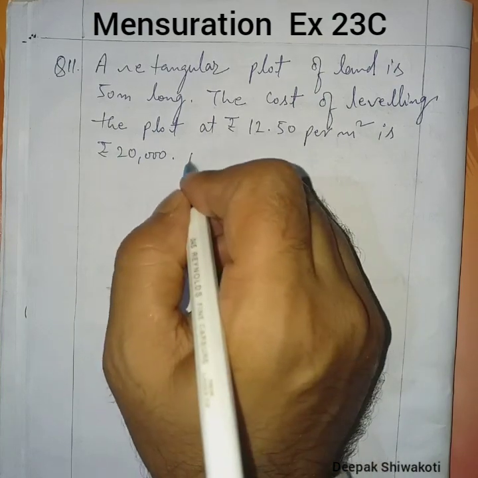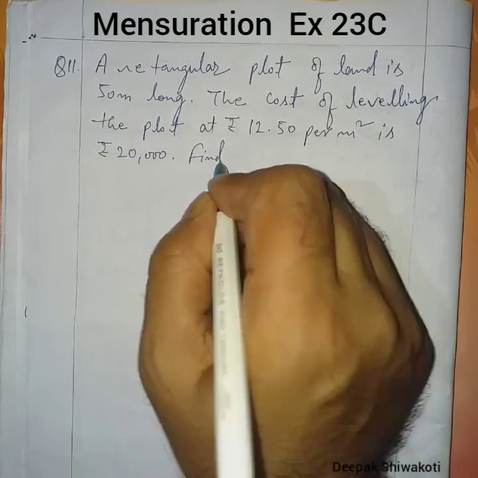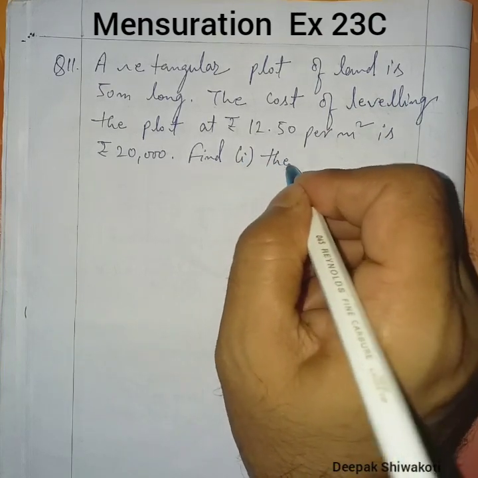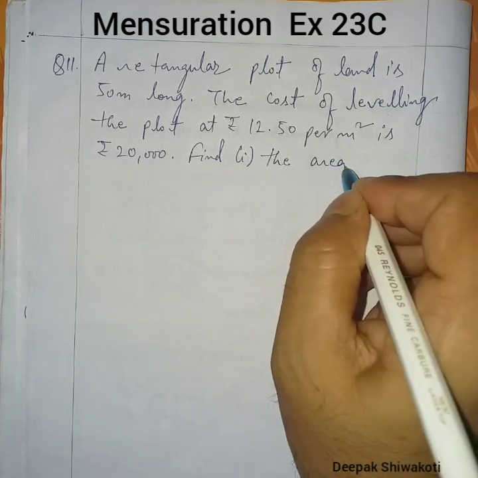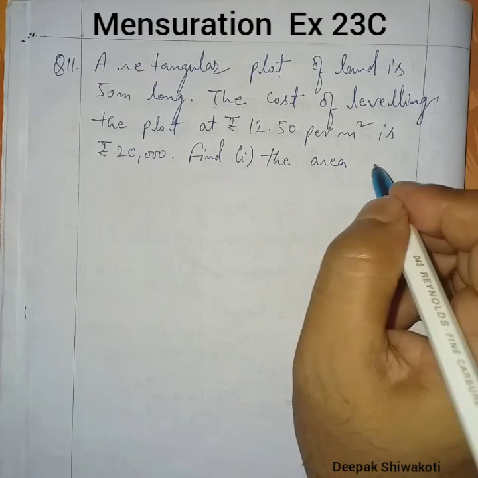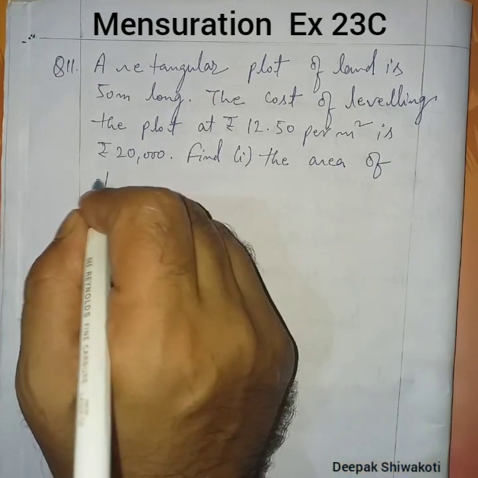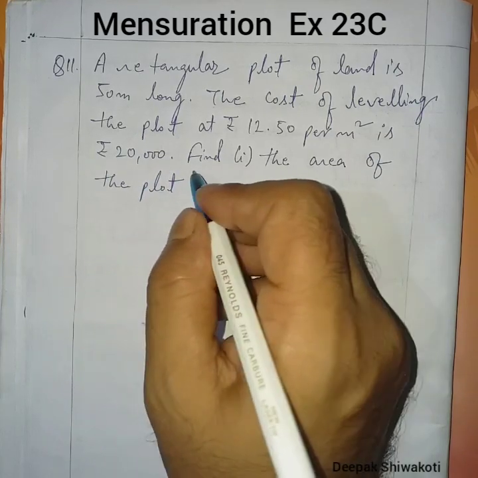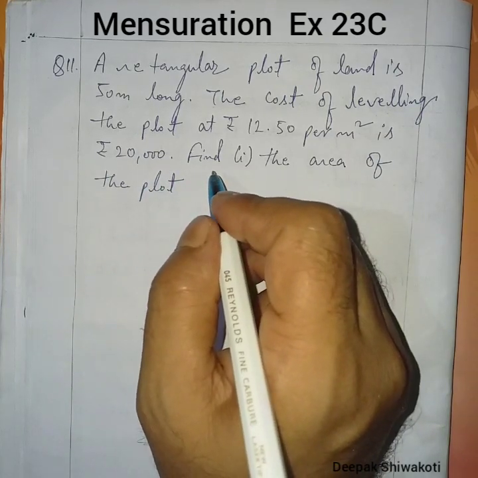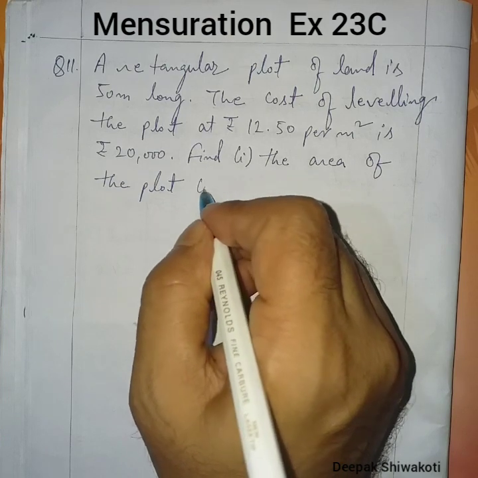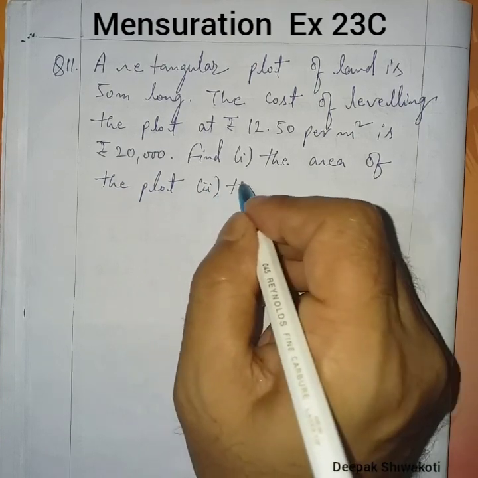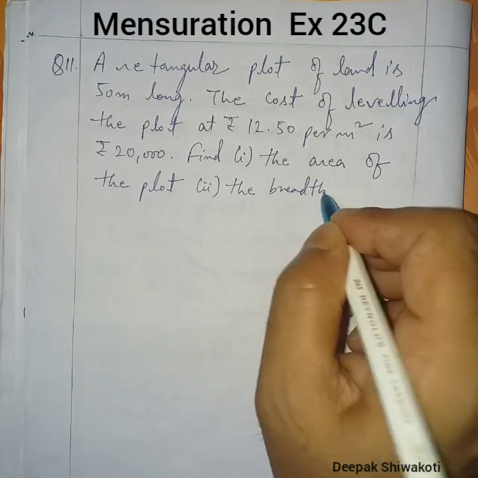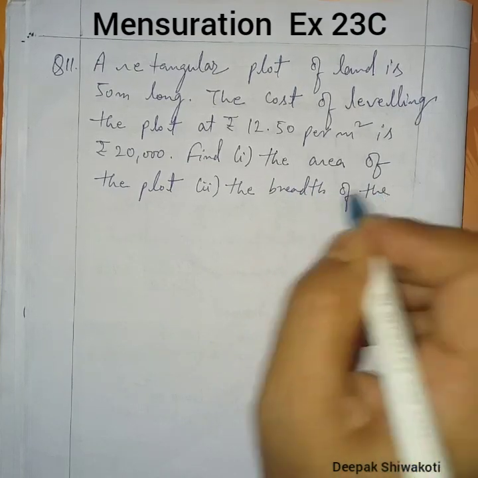Now find number 1, the area of the plot. And number 2, the breadth of the plot.